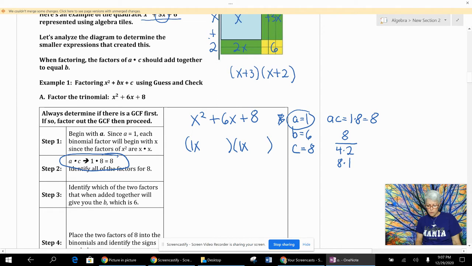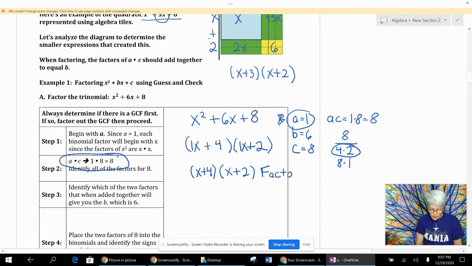Now, do any of those numbers, when I add them, equal b? Well, b is 6, and 4 plus 2 is 6. So I'm going to take the 4 and put it here, and take the 2 and put it here. They're positive, so I'm going to put plus signs in here. Then this is my answer, x plus 4 and x plus 2. These are the factors of this equation.